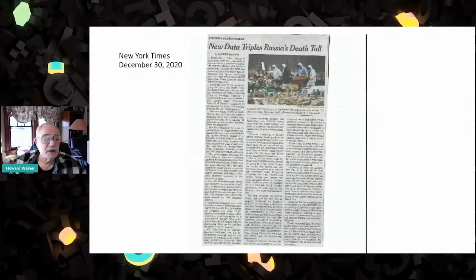This was an article in the New York Times on December 30th, saying that the number of deaths in Russia, and of course the number of deaths is related directly to the number of cases, is 3 times what they've reported. So the use of Zipf's law can't get you something that isn't there.